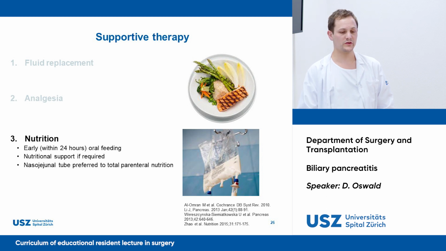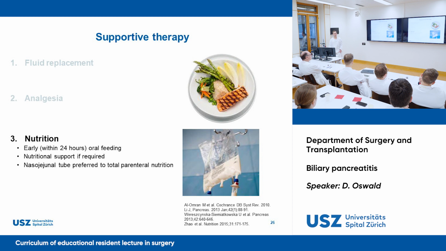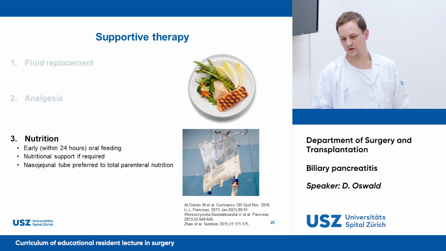It's often required in patients with moderately severe pancreatitis due to nausea, vomiting, postprandial pain, and it's almost invariably needed in patients with severe pancreatitis. If you need nutritional support, the nasojejunal tube is preferred to total parenteral nutrition because there are significantly fewer central line infections, fewer sepsis rates, and fewer metabolic complications such as hyperglycemia.